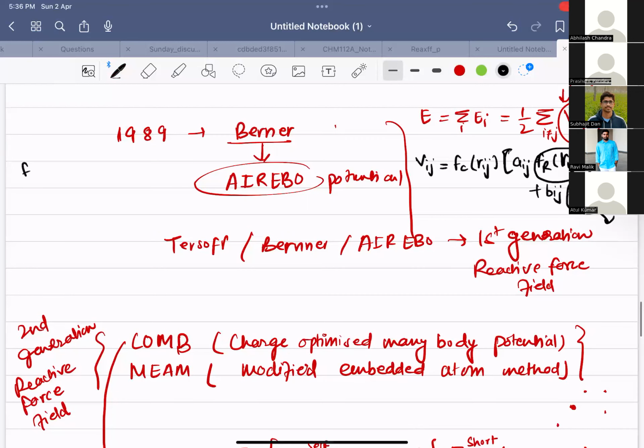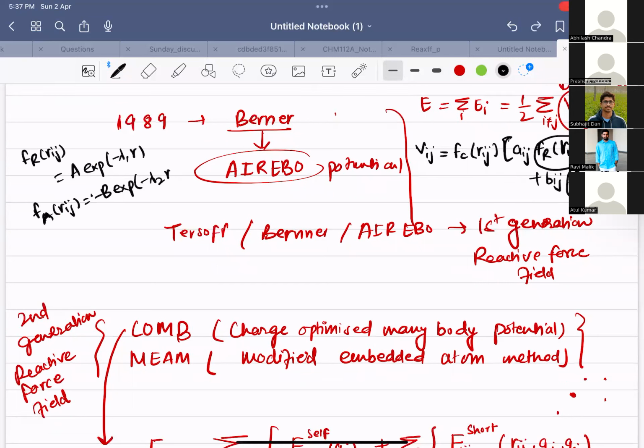And the most important quantity in this was this Bij, which will measure the bond order. But again, this Tersoff potential has a limitation: it only included the covalent part. It does not account for the charges and all.